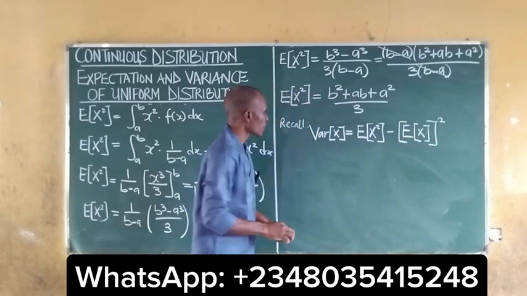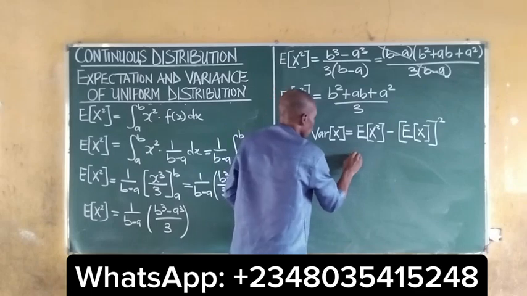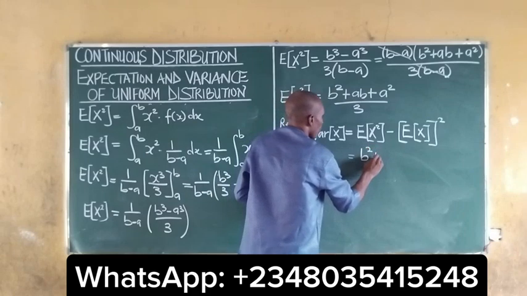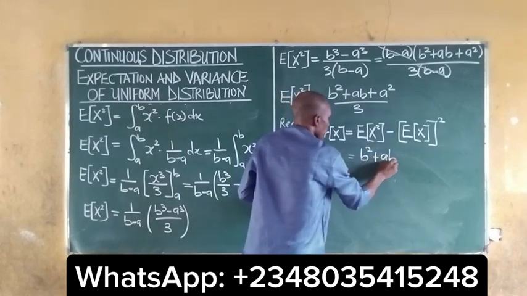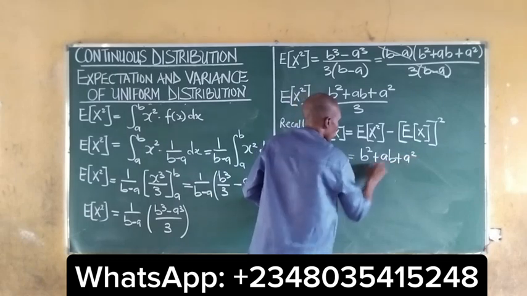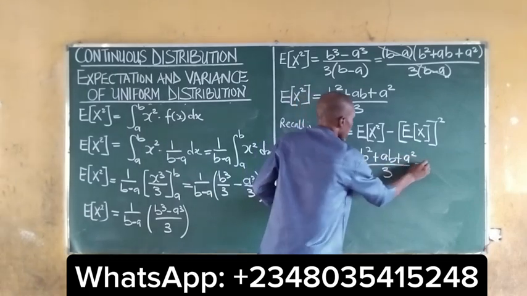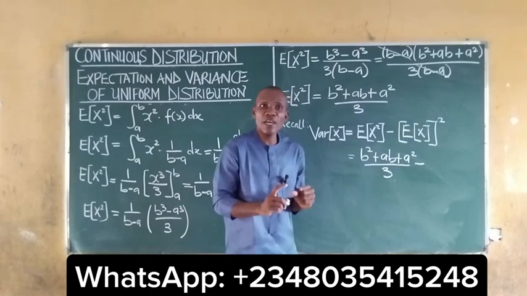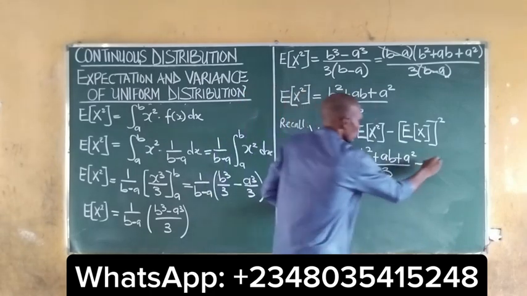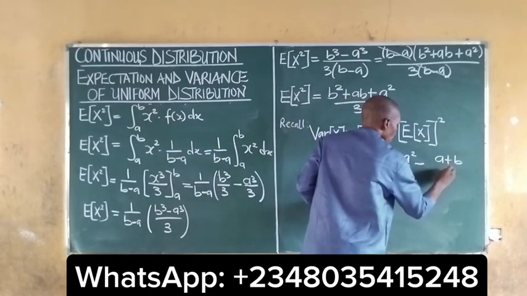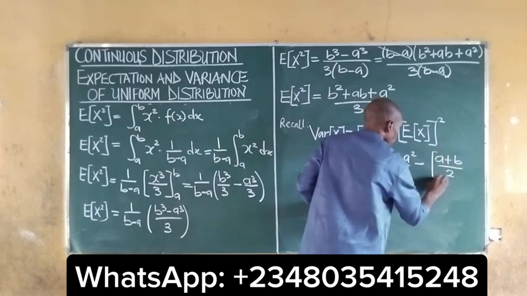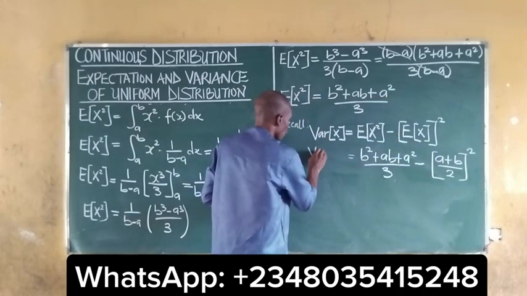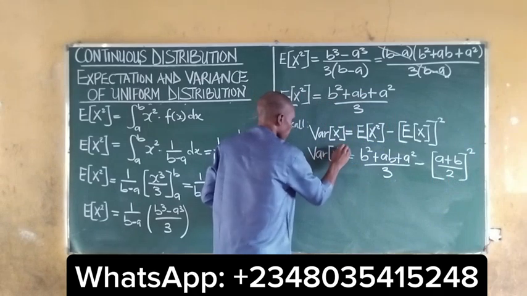Then we have this, which is equal to b squared plus ab plus a squared all over 3 minus, of course, we should remember that the expected value of x, we got a plus b all over 2. So we have a plus b all over 2, and we put our square sign, which is our variance of x.